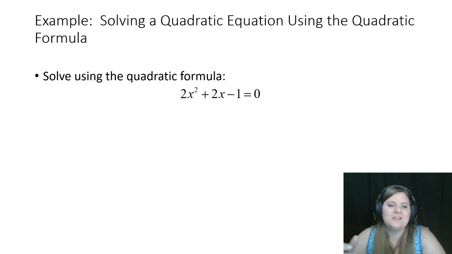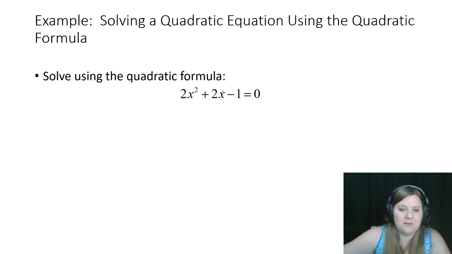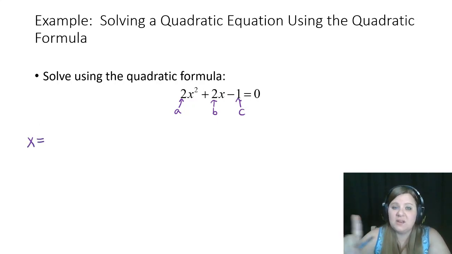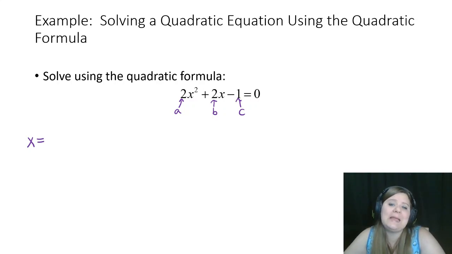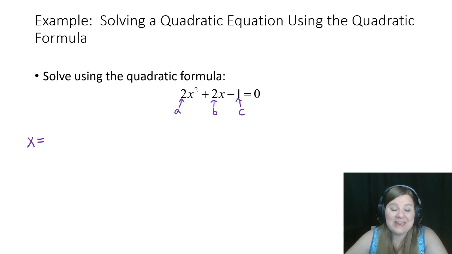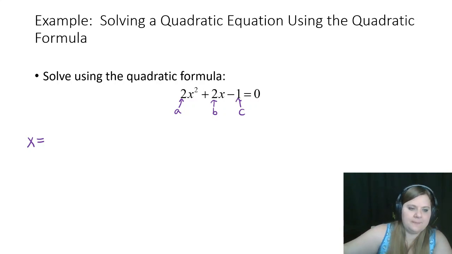Okay. So how do we use that? Well, first of all, note that a is 2 and b is 2 and c is negative 1. So when I have x equals, and notice that I do need to start with x equals. I can't just jump straight into the formula because I need to say what I'm solving for. And here I am solving for x, okay?